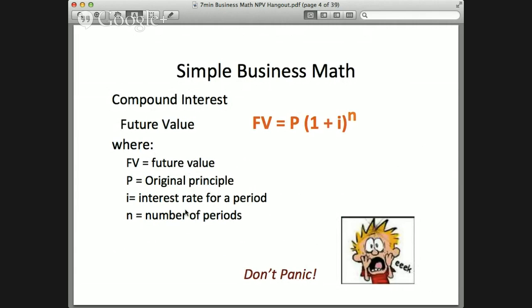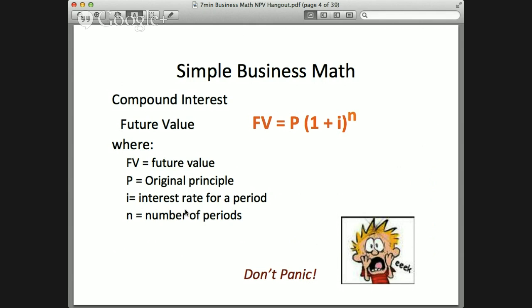Simple business math. The compound interest future value formula is FV equals P(1 + I)^N, which means FV is your future value. The P is the original principal, the money you're putting in initially. The I is the interest rate over the period, and the N is the number of periods, so 1, 2, 3, 4, 5 periods.